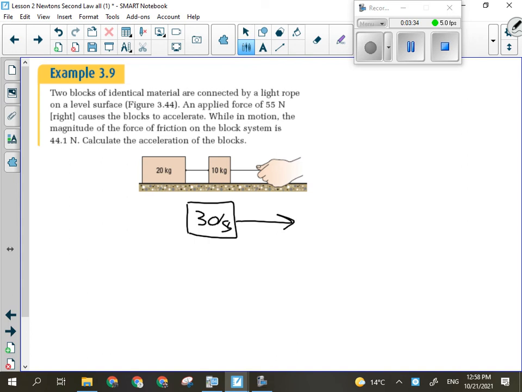Because what's really going on is I'm pulling 30 kilograms worth of mass. Since it's all moving together, it's all really one big object. Now, there may be a situation where I have to separate them and deal with them separately, but in the real world, I'm pulling 30 kilograms worth of mass, all of it at the same time.